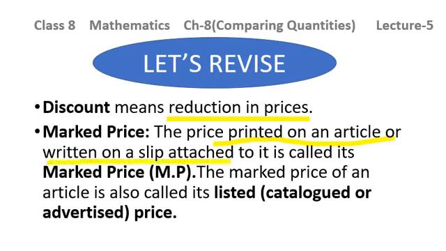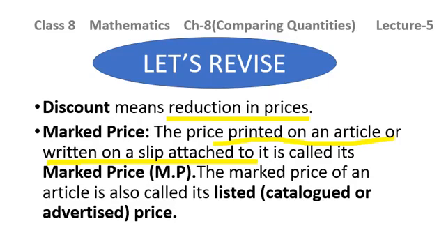This we have discussed in detail in the previous lecture, that whenever we purchase any article, any item, any commodity, a tag is attached to that particular item, and on that tag the price of the article is mentioned, and other details may also be mentioned.